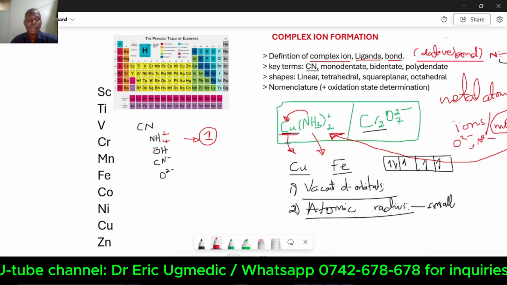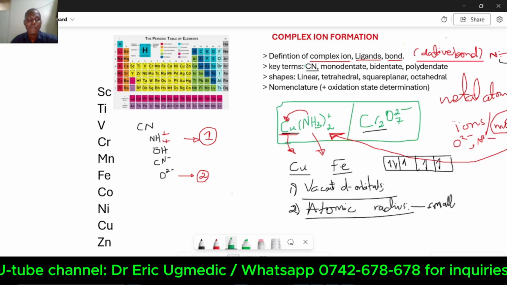The same applies to hydroxide and the cyanide. When you look at the oxygen, it normally forms two bonds with a central atom. Take an example of carbon with carbon, where you have two bonds. So this number of bonds formed is what we call the coordination number. And we are going to look at the different types of ligands.